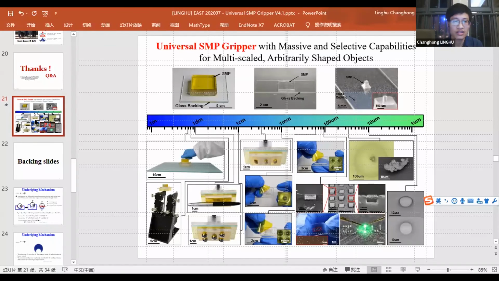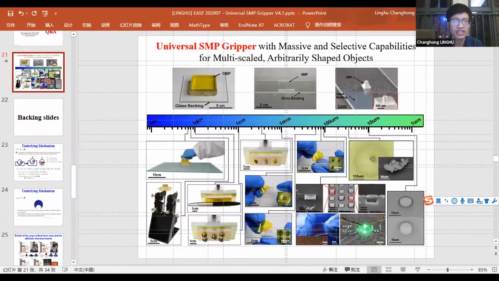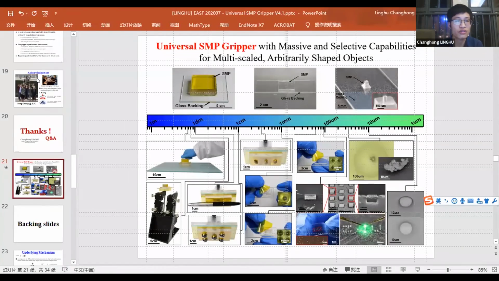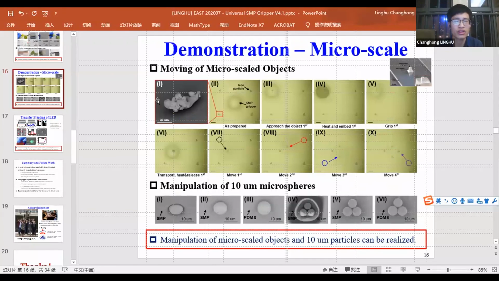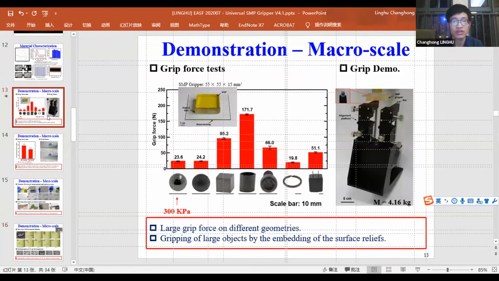I haven't tried that. For highly irregular objects, you mean at the macro scale? For micro scale, we have manipulated highly irregular particles. But for the macro scale, we have tried to test the grip force on some basic, simple geometries.